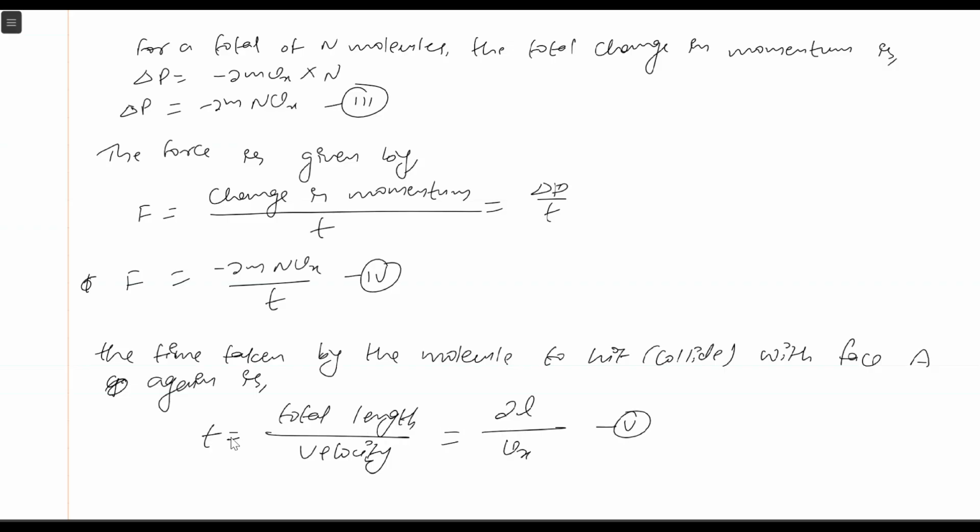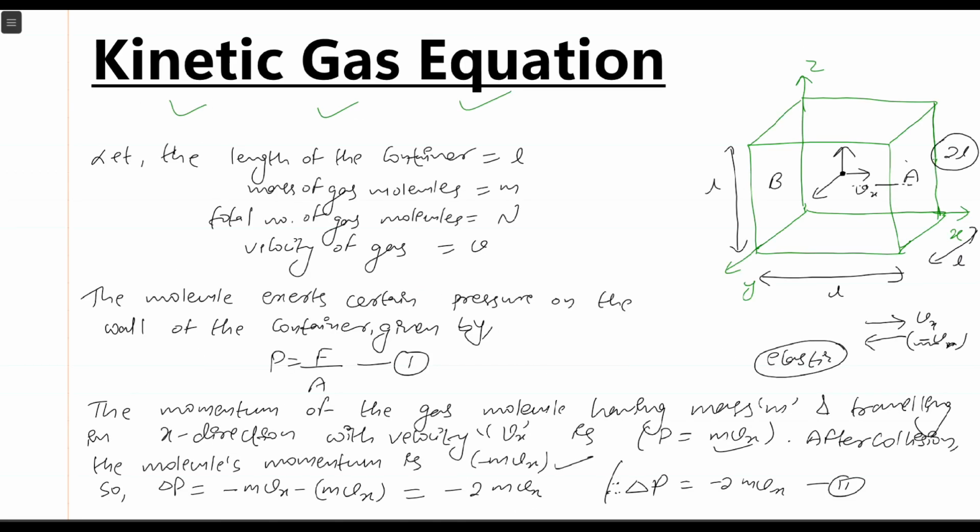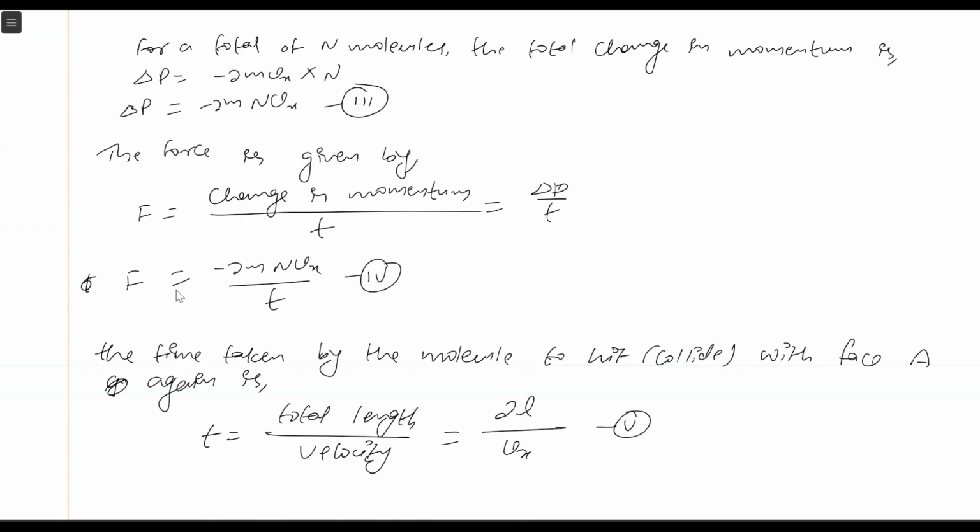Now let's put the value of t from equation 5 to equation number 4. Then what will we get? Using 5 in 4, we get F is equal to minus 2 mn Vx by t, right?